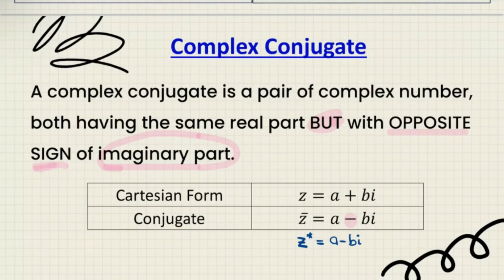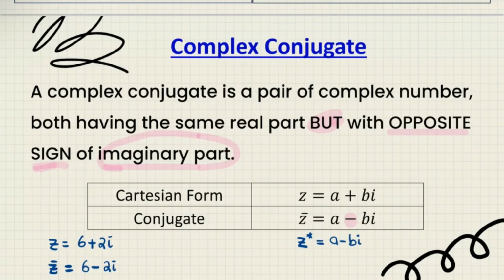Okay, so kalau dia positif, dia ada negatif. So contoh lagi kita cuba buat another example. So let's say kita punya Z adalah 6 plus 2i. So conjugate kepada 6 plus 2i will be 6 minus 2i. So dekat imaginary part yang dia akan berubah sign dia lah.